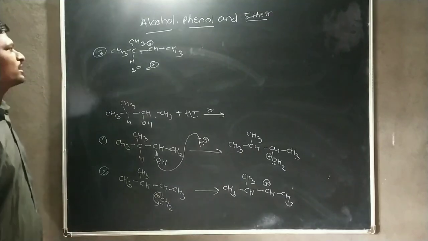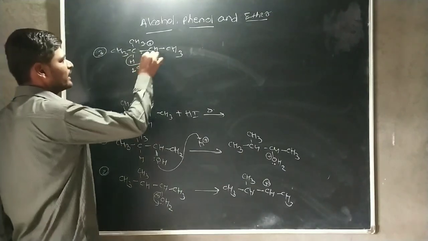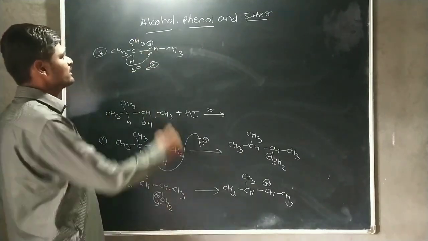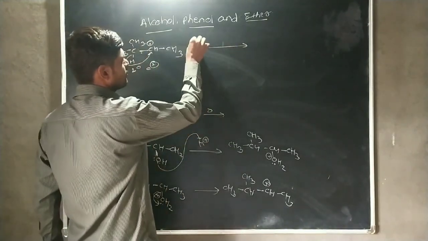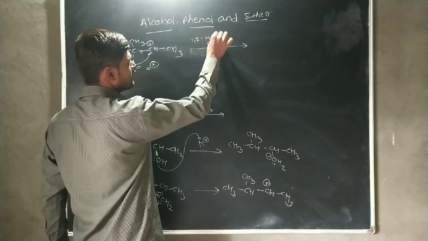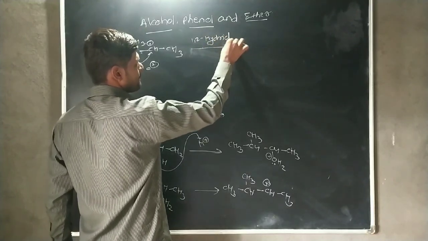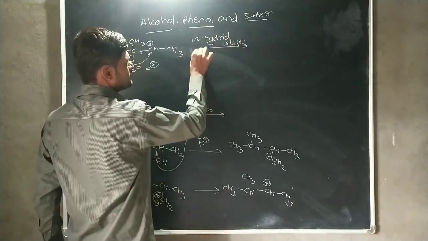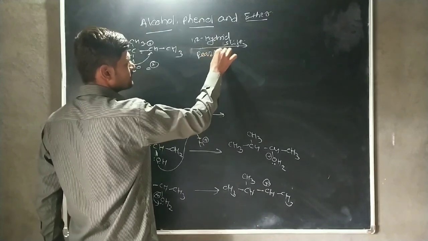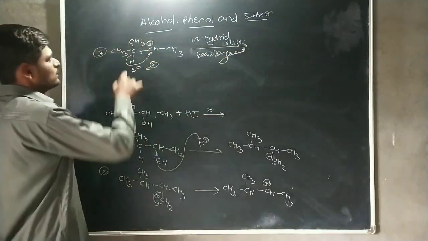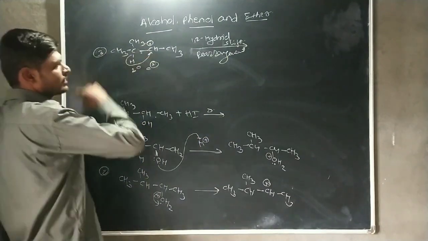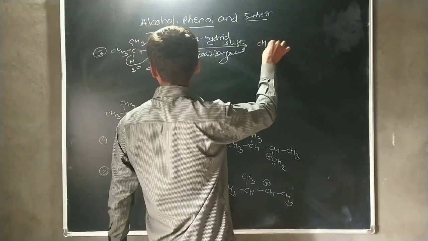After formation of the secondary carbocation, there is a hydride shift here. That means there is a rearrangement reaction. By the rearrangement reaction, or 1,2 hydride shift, the secondary carbocation gets converted into a tertiary carbocation.